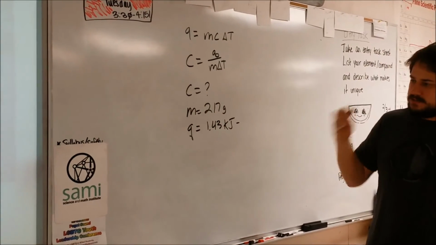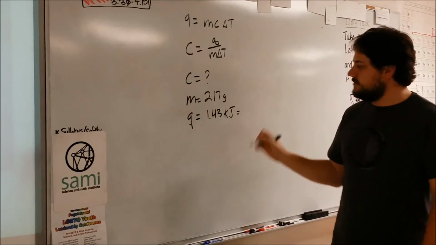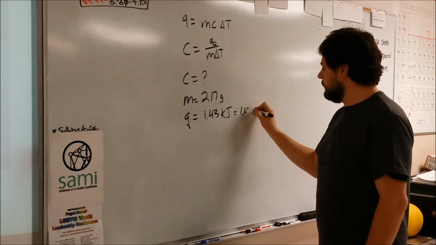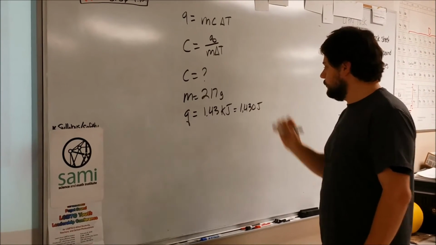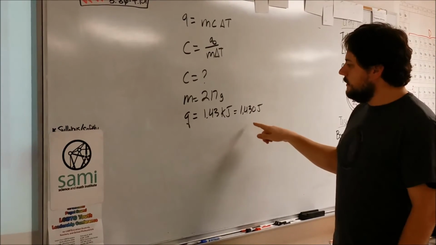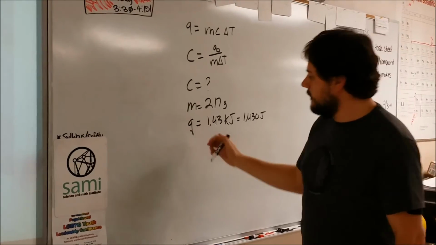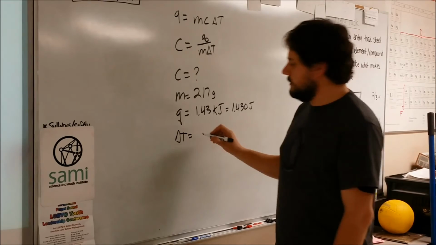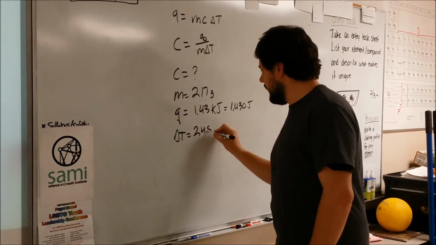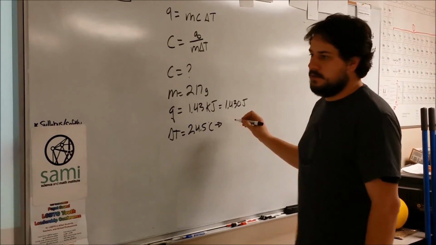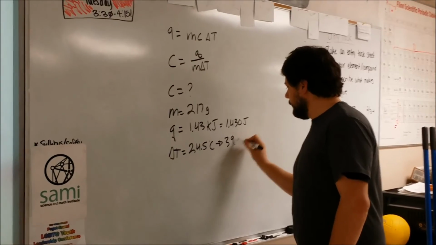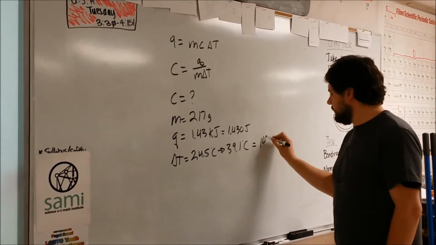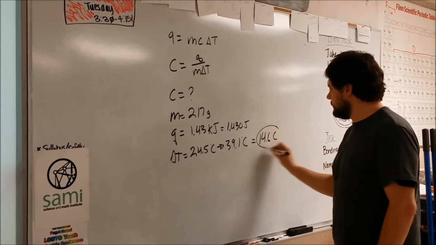Now, my answer, I know from last time, is going to be in joules, so I'm going to convert this into joules really quickly, which is 1430 joules. Continuing on, I also have a delta T. Remember, the temperature is going from 24.5 to 39.1, which means my change in temperature is 14.6 degrees Celsius.